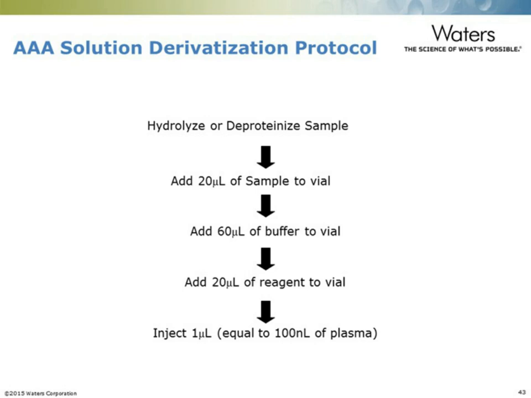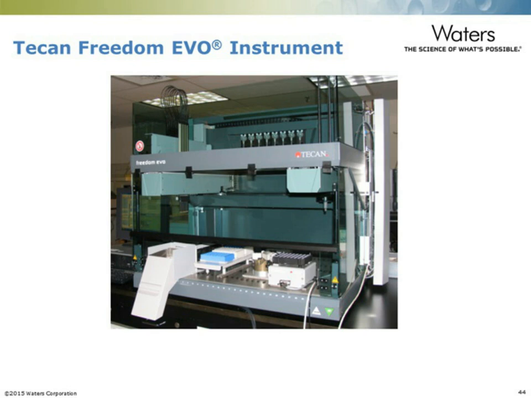You then add an aliquot of that sample to the reaction vial. You add a measured amount of buffer to control the pH of the derivatization. Then you add the reagent to the vial and then inject 1 microliter of sample. When this is done manually, it involves a human doing all those pipetting steps.